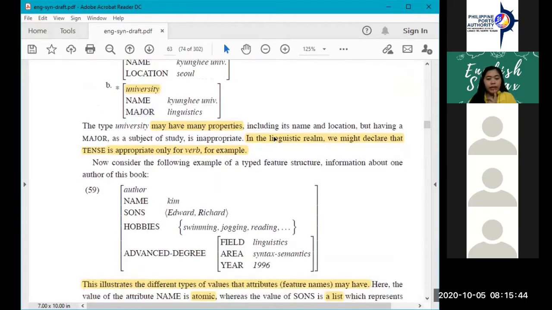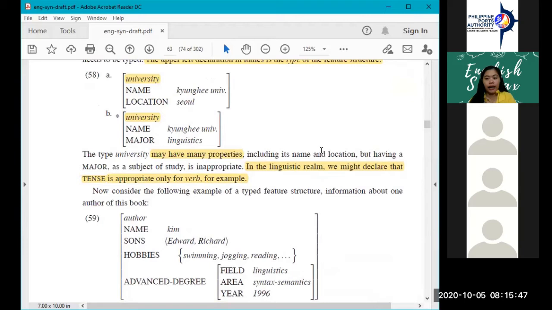Mind you that this example is not connected to linguistics. It is discussed primarily to show how a feature structure is built before diving into the linguistic part.